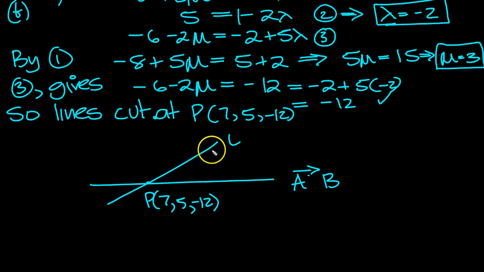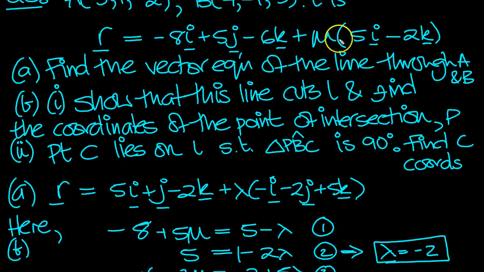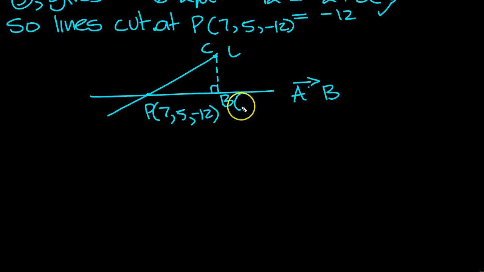We're told there's a point C on this line L, such that the angle PBC is 90 degrees, and there's the point B. B has coordinates, let's just go back and get them: 4, minus 1, 3. So let's put them in.